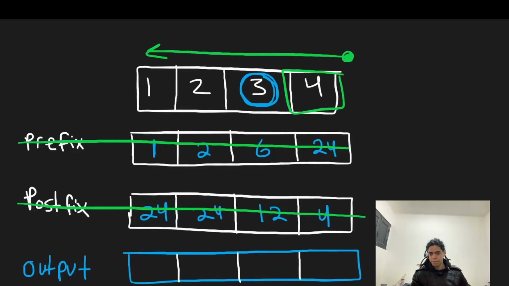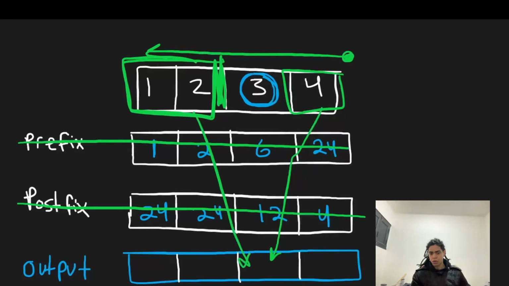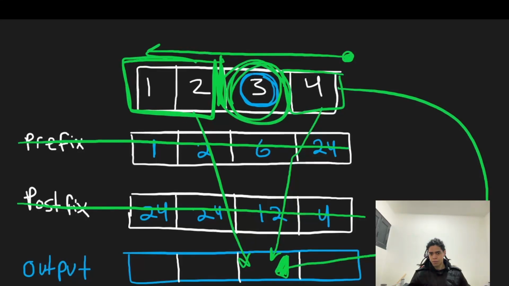So for this postfix, in the result, we're already going to have the prefix stored over here. The first 2 values' prefix is stored over here. So we're going to take this prefix and multiply it by whatever is in this position. That's what's going to give us the result that we want for this position.